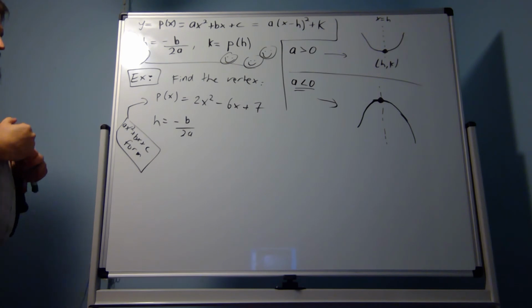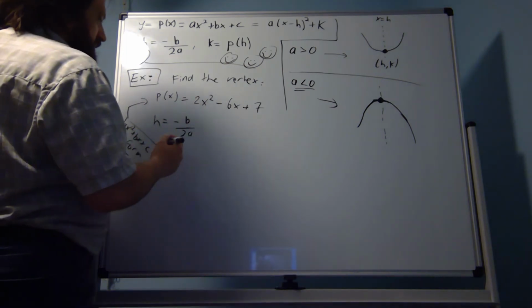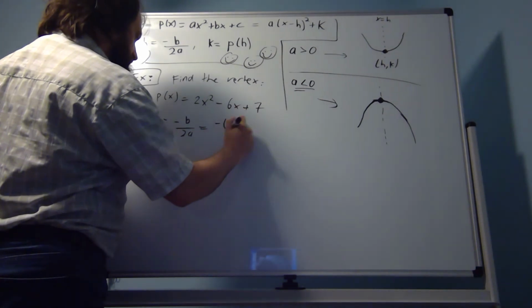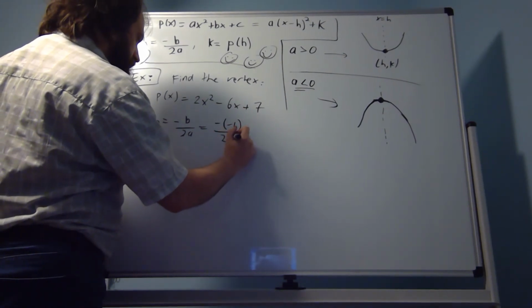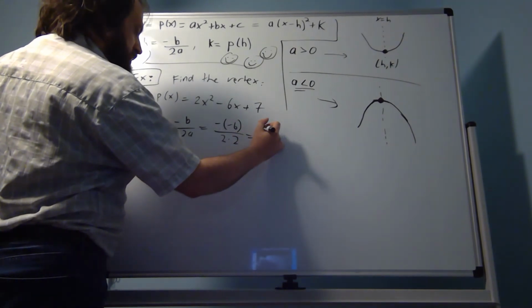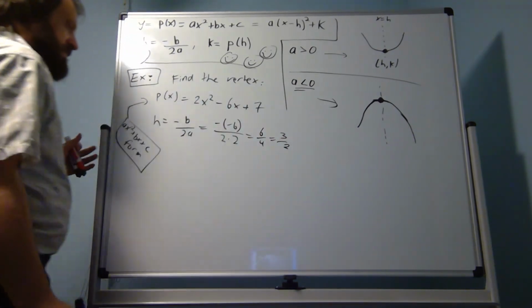That's something to check really quick, but yeah, it's in that form, which means that the h is negative b over 2a, which is negative 6 all over 2 times a, which is 2, which is 6 quarters or 3 halves.